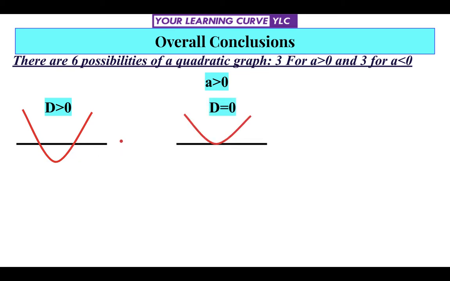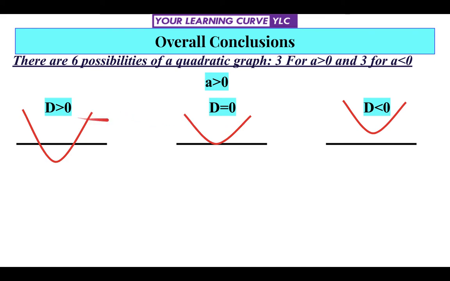If D is 0, then the parabola is still opening upwards, but it touches the x-axis at exactly one point. A is positive, the parabola is still opening upwards, but the discriminant is negative, means there will be no real roots, that is, it will not touch or cut the x-axis.